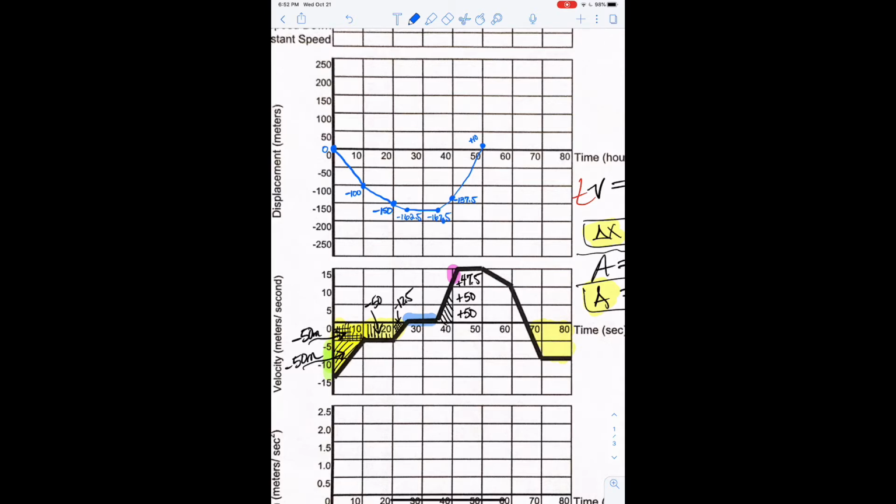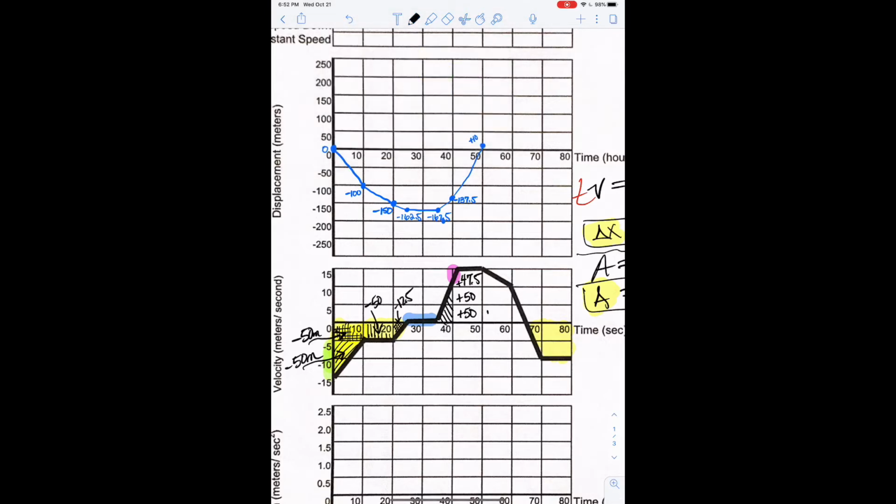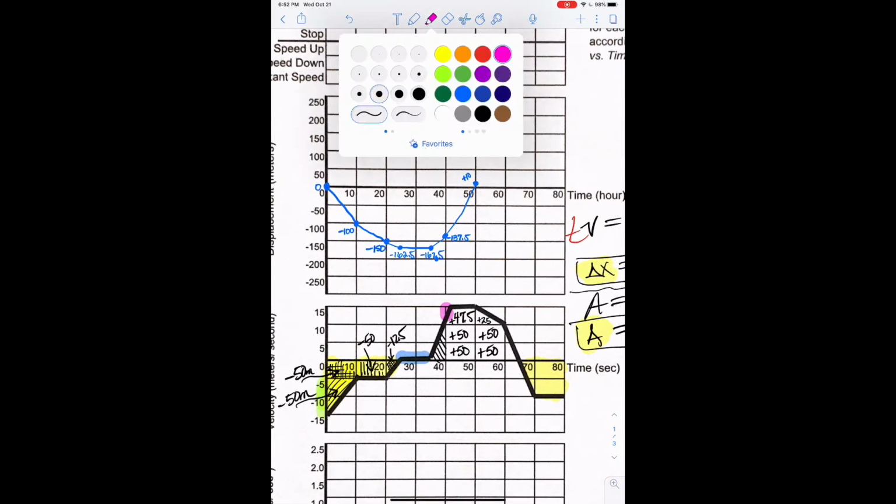Right here, going forward, once again, trying to make our life easy. Why do we have to keep doing these areas if we don't have to write the math, if we know how much these boxes are worth? This looks like half a box right here, so we can say this is positive 25. All right, so we're going to go forward 125 in the positive direction. We're at 10 in the next, so hopefully that's making sense what I just did.